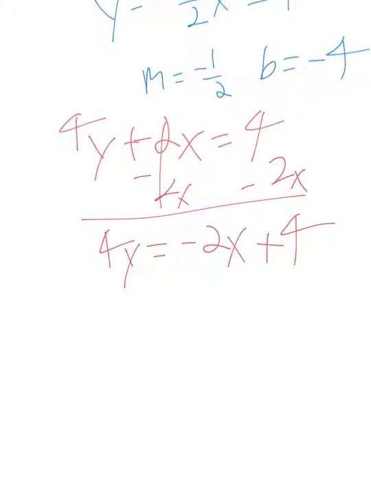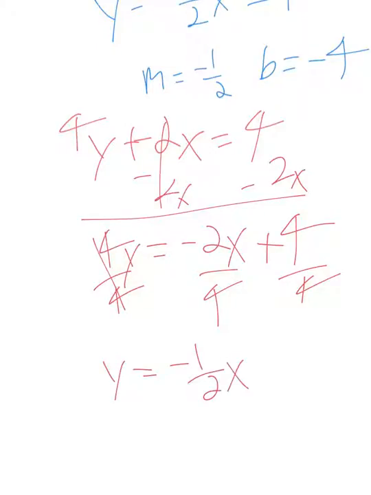Remember to write it in order of mx plus b. And then I just need to divide by 4, divide by 4, divide by 4. And I get y equals, that'll reduce to negative 1 over 2x. And then 4 over 4 makes 1. So it looks like I have a slope of negative 1/2 and a y-intercept of 1.